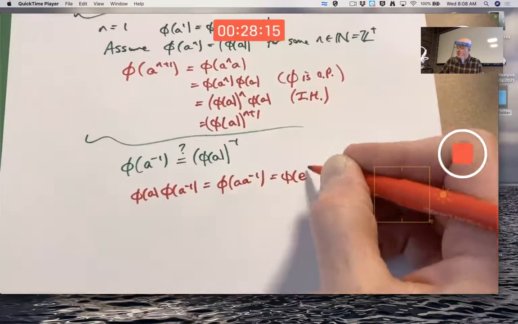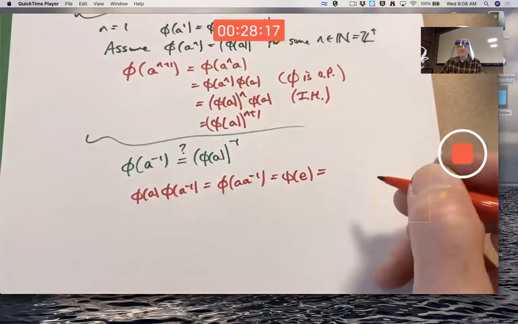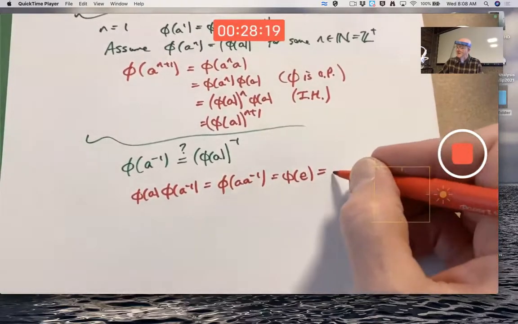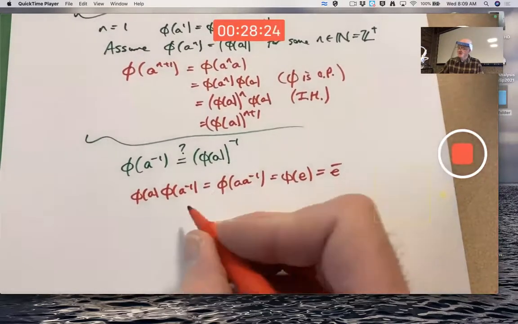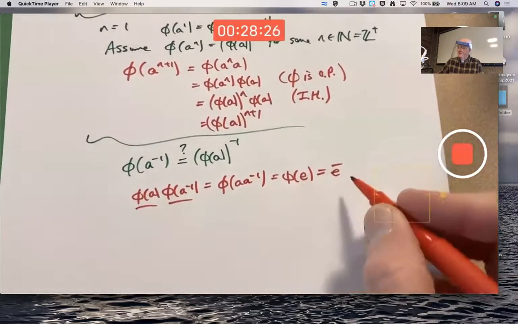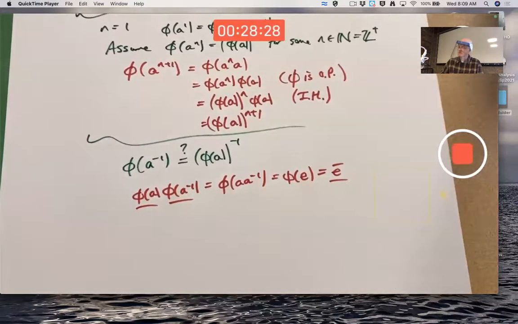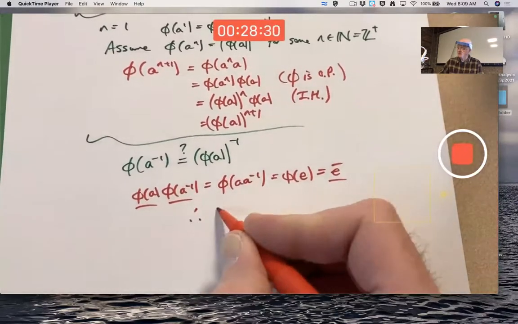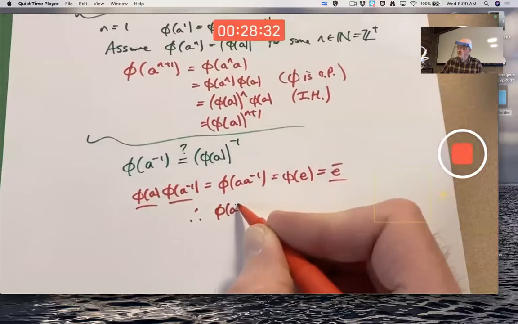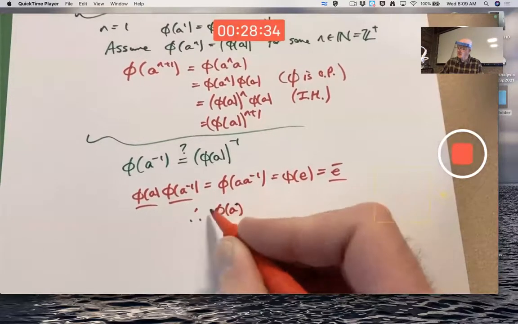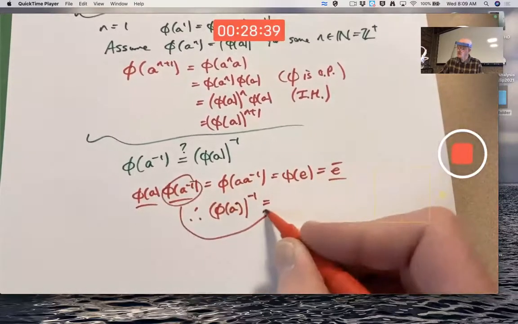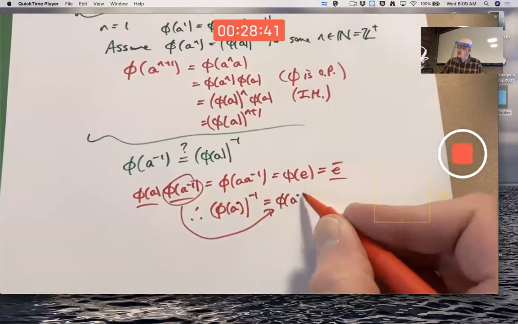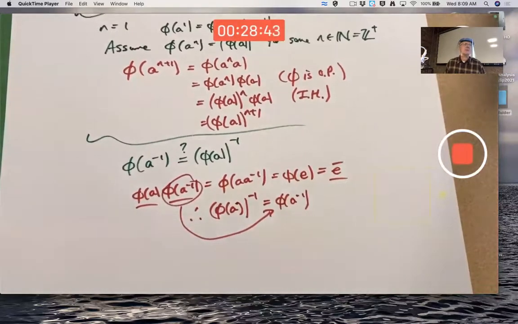And here we can use property 1 that we proved a few minutes ago, that E gets mapped to E bar under an isomorphism. So you've got the product of these two things being the identity in G bar. Therefore, phi of a quantity inverse is this thing right there, phi of a inverse. Since inverses are unique, if you want to emphasize that.